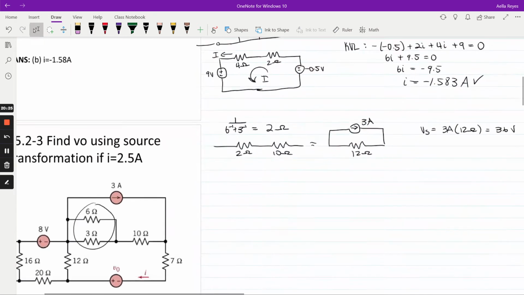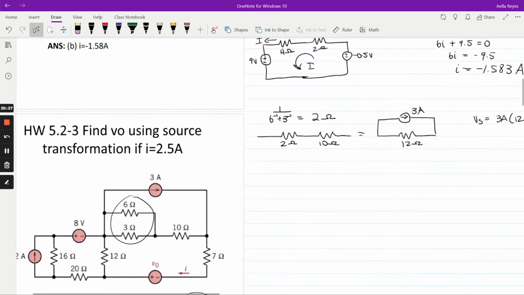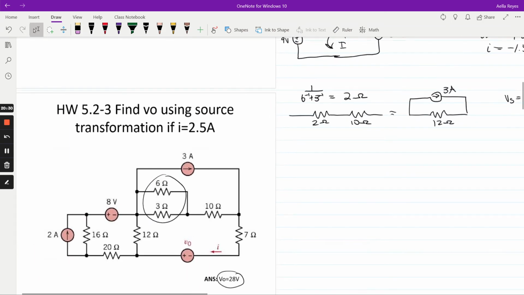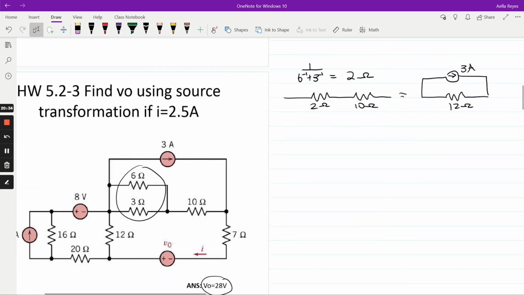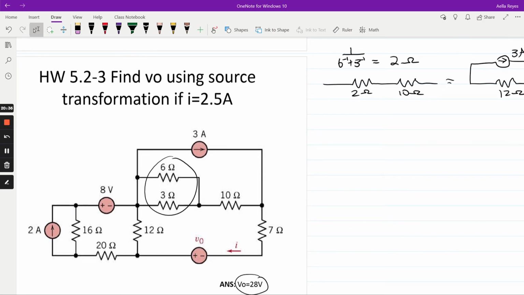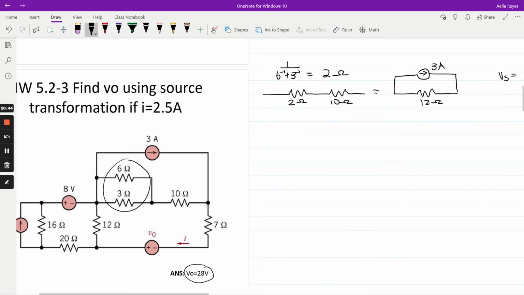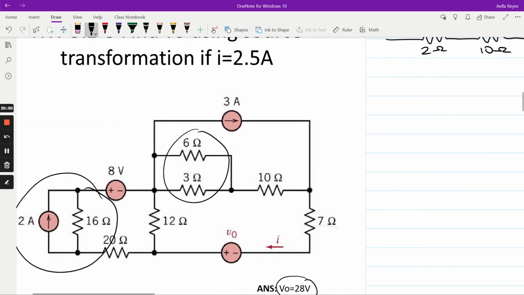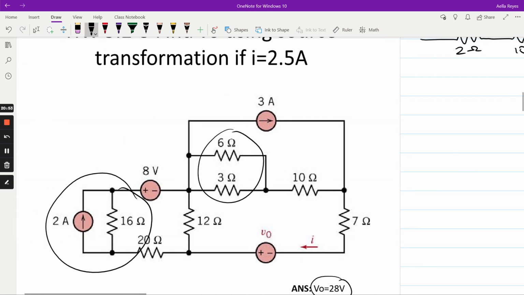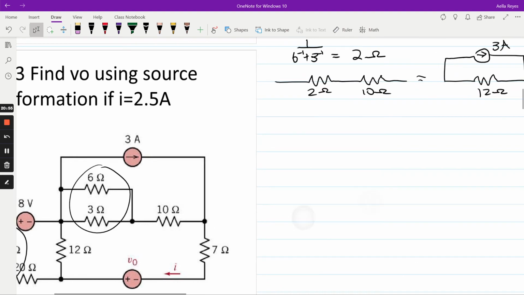Okay, so now we will rebuild the circuit with this new source transformation, so it looks a little more manageable. Just a little bit though. Actually, we're going to source transform these two because it'll make it even more manageable.